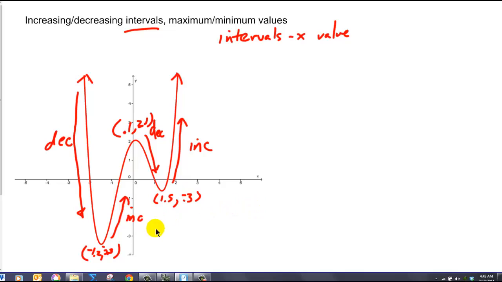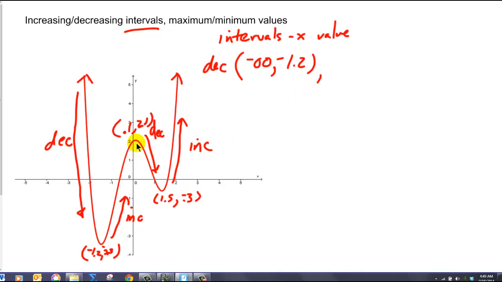So given that, if I wanted to state where this decreases, we usually do it in interval notation. We say this goes down when x is very negative until x gets to negative 1.2. So we go from negative infinity to negative 1.2. This is going to decrease.